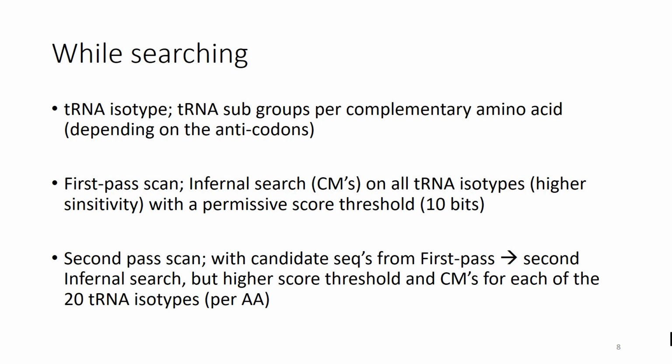A second pass scan uses the candidates from the first pass scan, but with a higher score threshold to increase selectivity, and covariance models are used for each of the 20 tRNA isotypes instead of all of the isotypes together, like in the first pass scan.